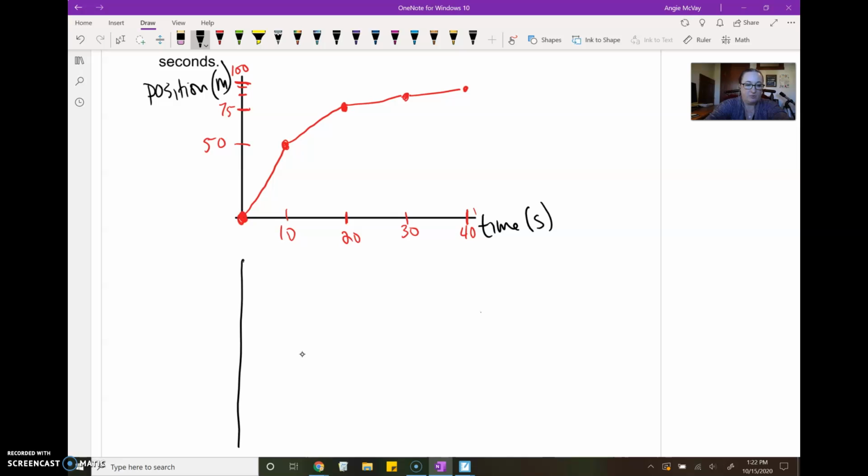Okay, so I'm going to draw a velocity versus time graph directly below my position versus time graph. I like that because the two graphs can be directly comparable if one is right below the other and on the exact same time scale. That's very convenient.